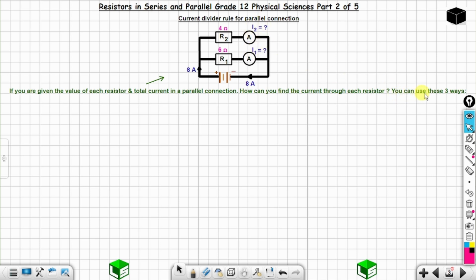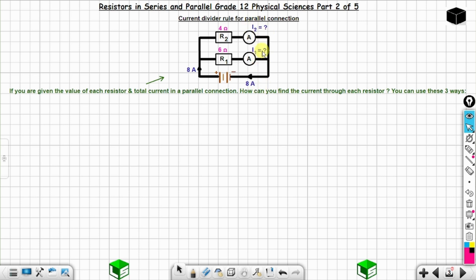We are going to use three ways to solve this problem. This problem is about the current divider rule for parallel connection. You have division of current only in the parallel connection. We are going to see that.